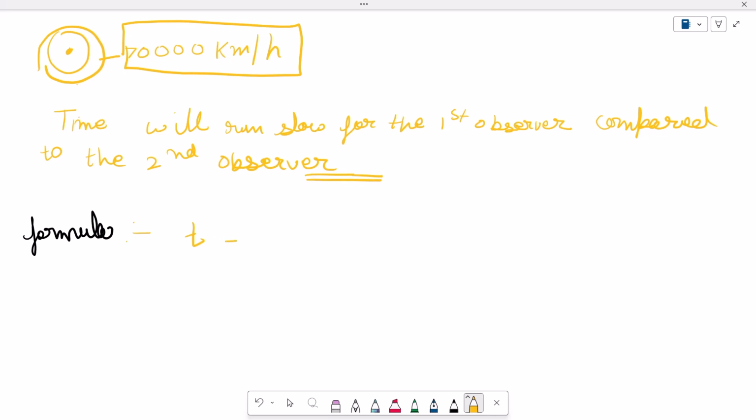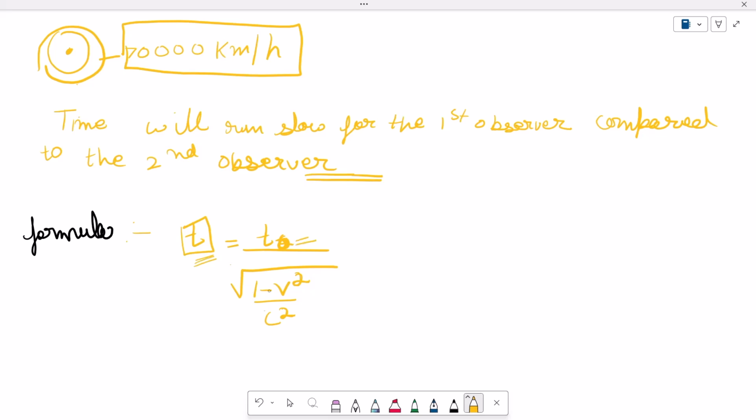Time dilation: T equals T0 divided by the square root of 1 minus v squared divided by c squared. Here T stands for the time dilated, and T0 is the actual time.